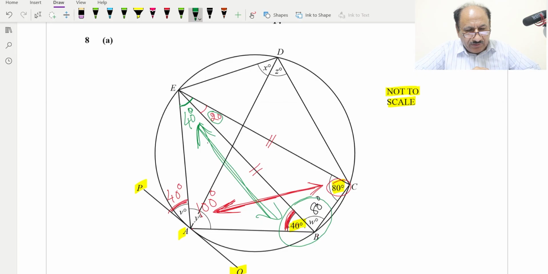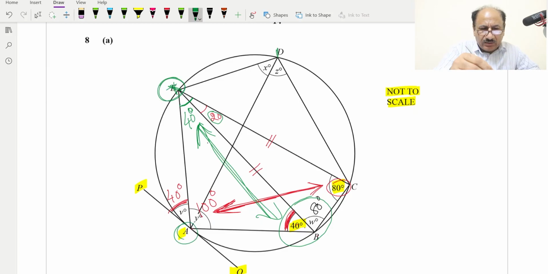Now we got this angle, and now we can figure out ED is this one. We are looking for X and Z. E is this one and A is this one.